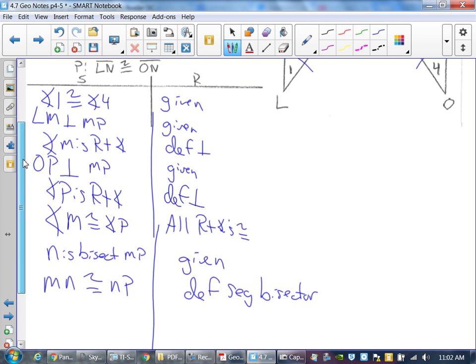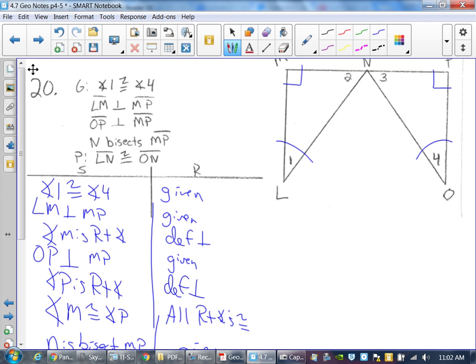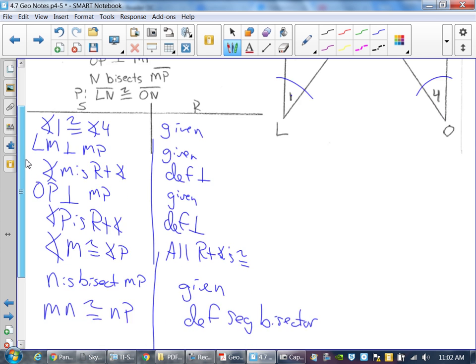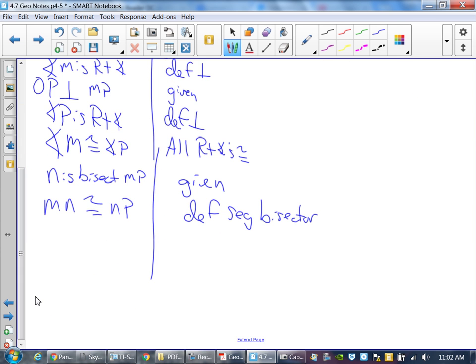If I go back to my diagram, sorry about all the steps here, these are the same. So now what do you have? How do we have triangles congruent here? Angle, angle, side. Angle, angle, side. So your triangles then. And what's that last step then to show those are segments?